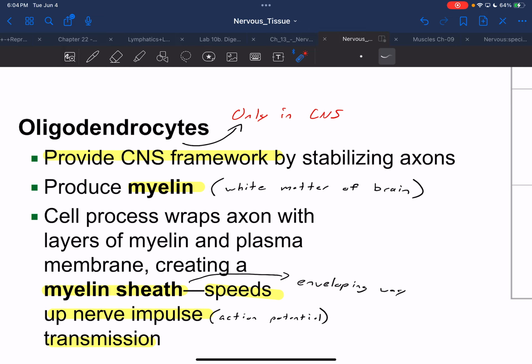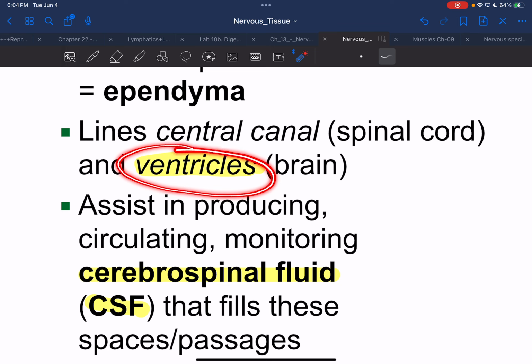Now, oligodendrocytes are going to be involved in creating our white matter. And actually, before I get into this one, let's do the ependymal cells. The ependymal cells, these cells are found in the ventricles, which I believe most of you, if not this week, you'll be learning it in lab if you've done brain yet.